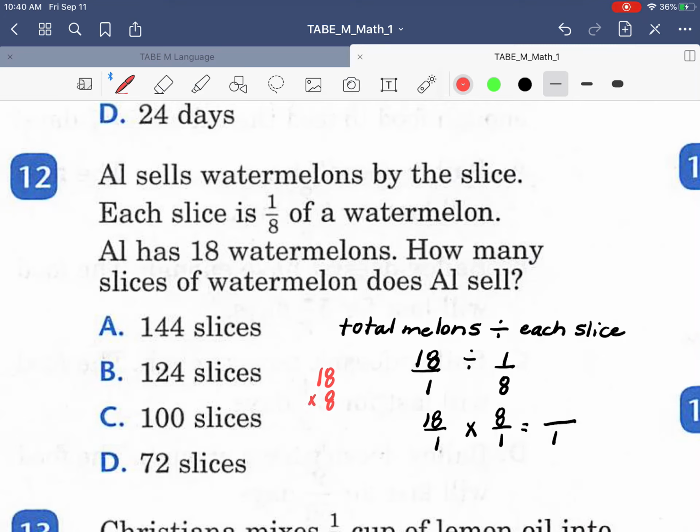But let me show you how to do it if you have trouble with that. 8 eighths are 64. 8 times 1 is 8, plus 6, that's your add-on, is 14. So he can get 144 slices out of those watermelons. The answer to number 12 is A.